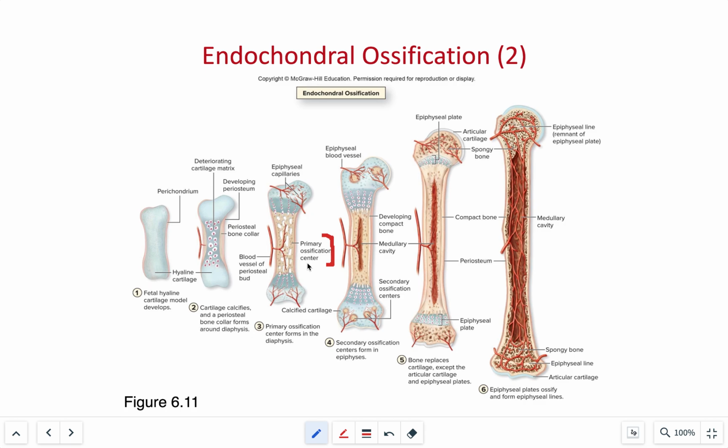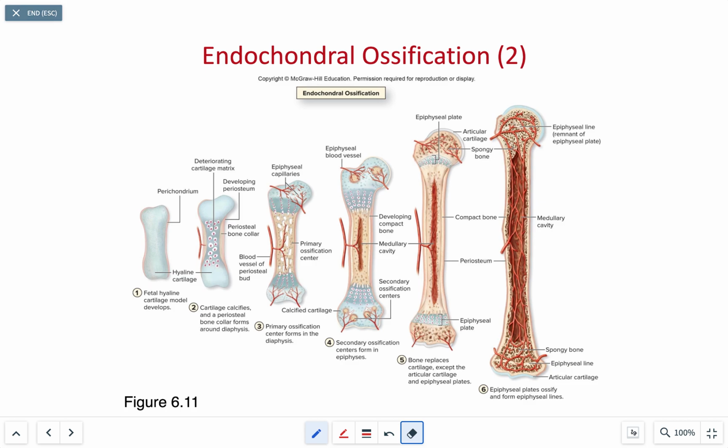This is the first area of bone formation in endochondral ossification, and bone formation is going to not only extend upwards but also downwards towards the epiphysis in step number 3. So we're beginning to see the bone growing in length.